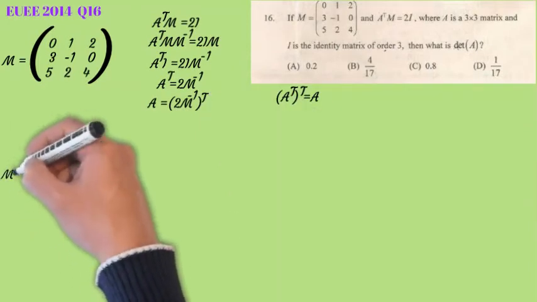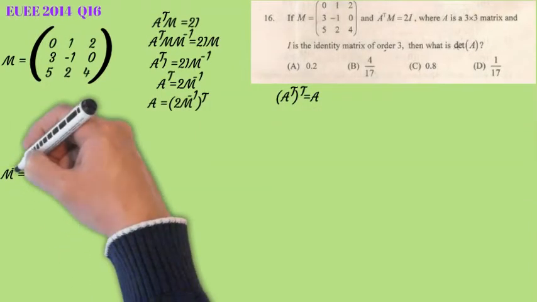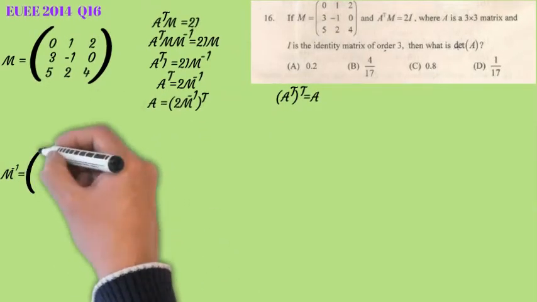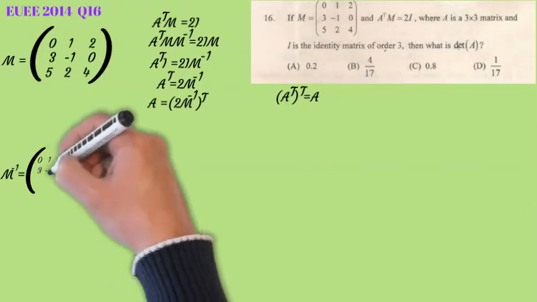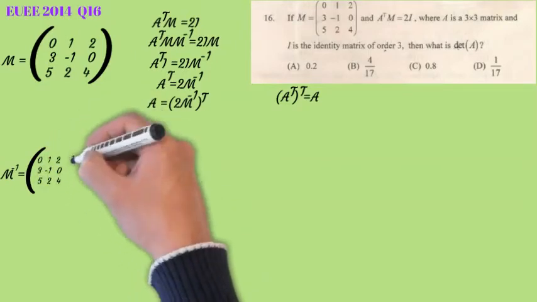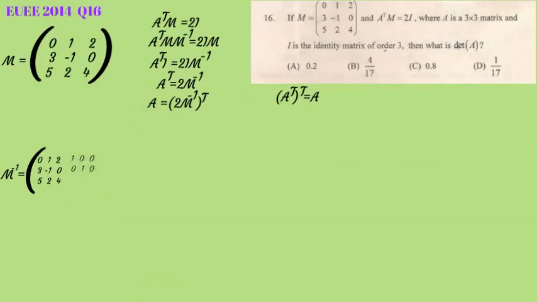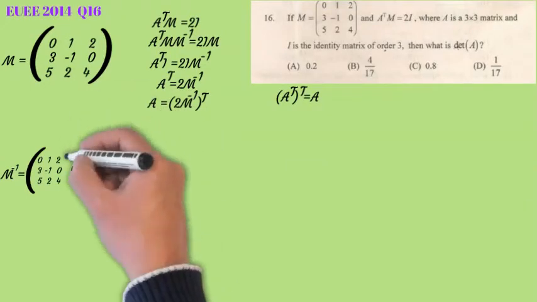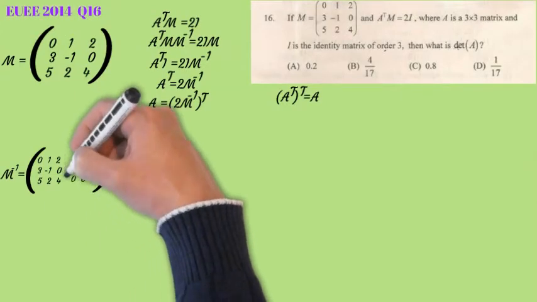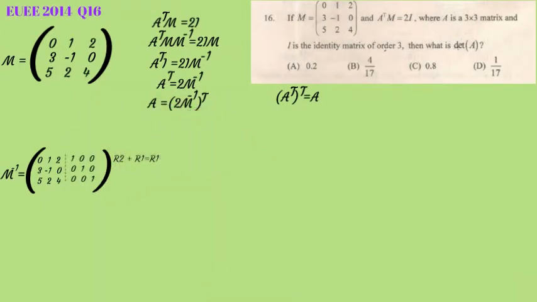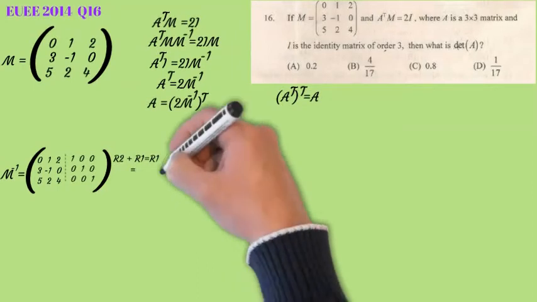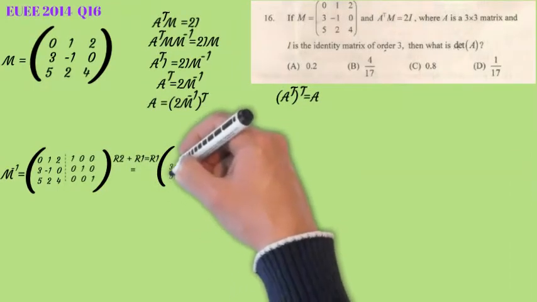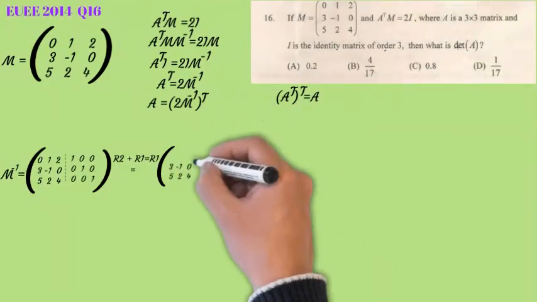So if we have this fact, then we can easily find what the inverse of M is now. The inverse of M, we can use one of the methods to find the inverse, which is using the identity matrix. You can calculate your inverse. To do this, we'll eliminate line by line. For instance, in this case, we'll add R2 and R1 to get R1.